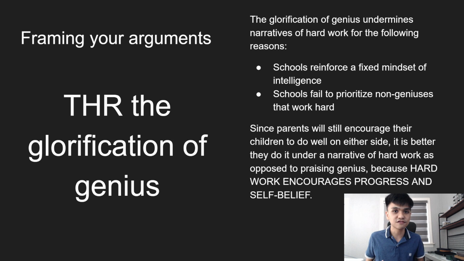Because self-belief is the best way in which we could continuously allow people to participate within educational systems so that we could have a self-sustaining educational system. And that is how we promote more inclusivity. We promote more growth among all of our students, so that we could continuously bring out the best from all different students.